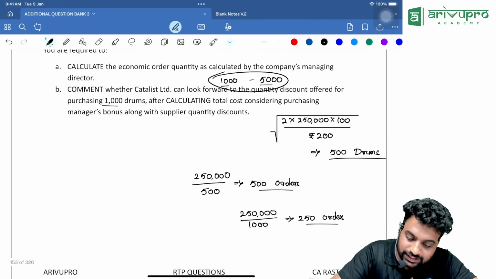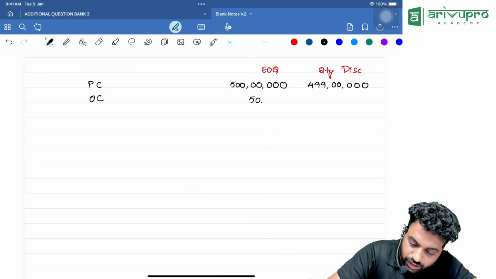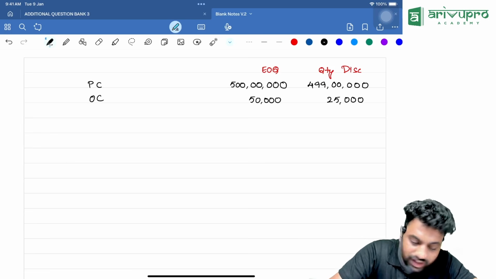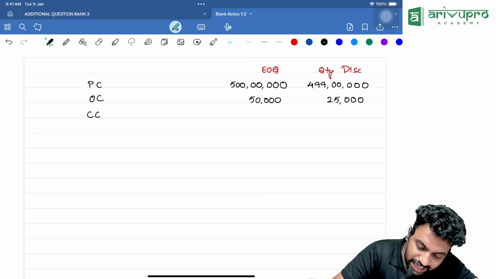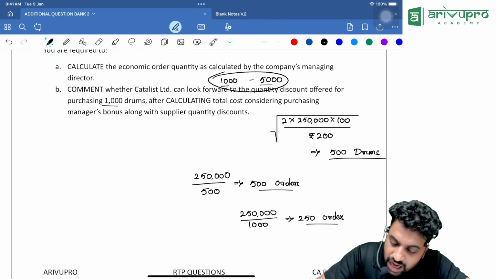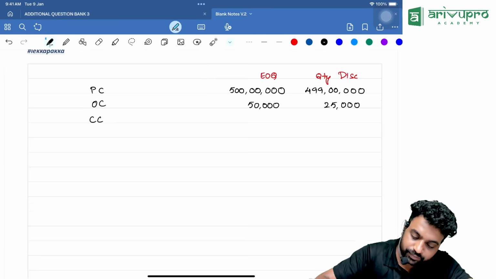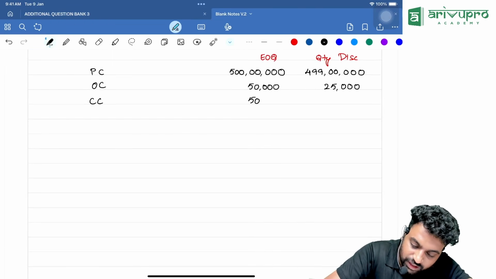So orders, 500 into 100, 250 into 100, 25,000. Next is carrying cost. In case of EOQ, it is half of 500, 250 into 200, 50,000.